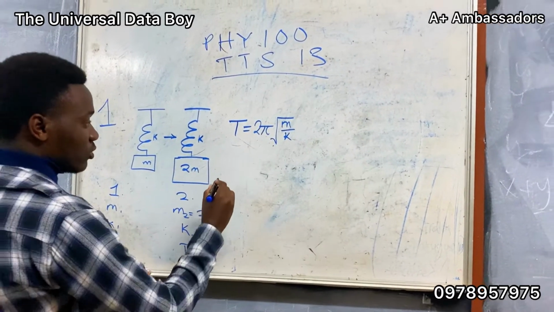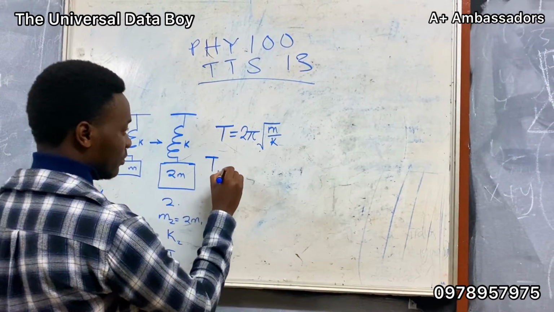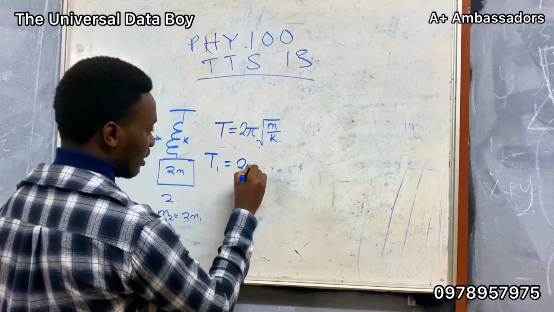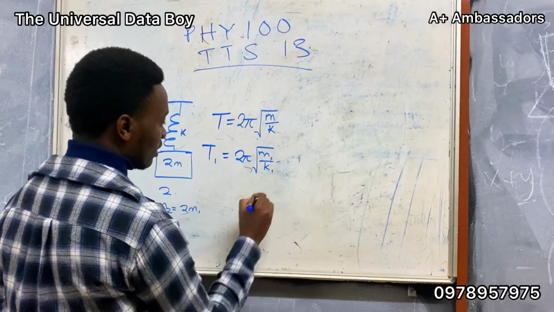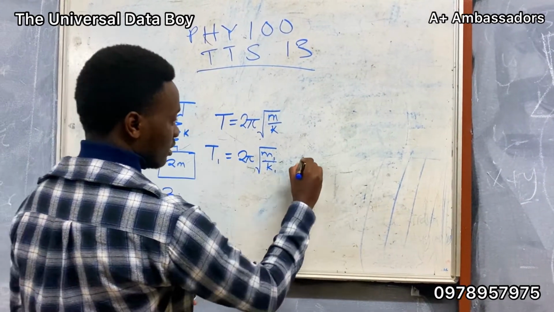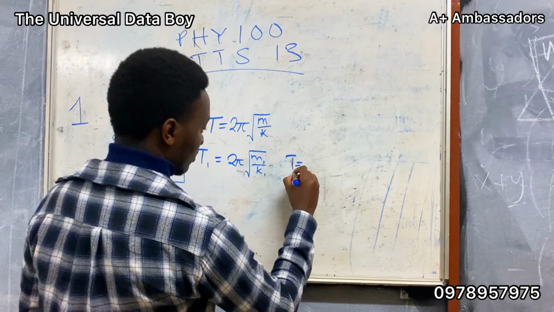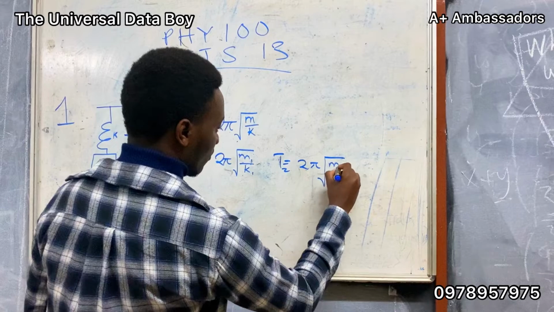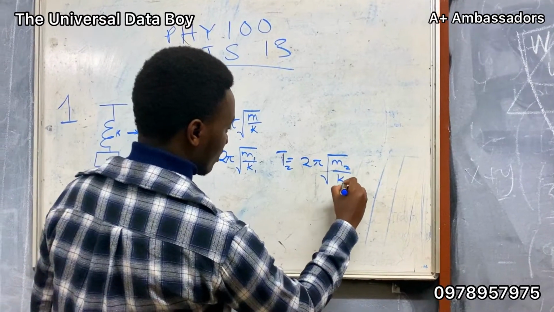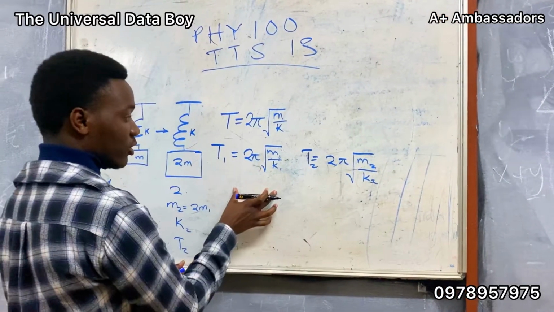So we're going to write the formula. T1 is equal to 2 pi square root of m1 over k1. Then T2 is equal to 2 pi square root of m2 over k2. Now we're going to make the replacements.